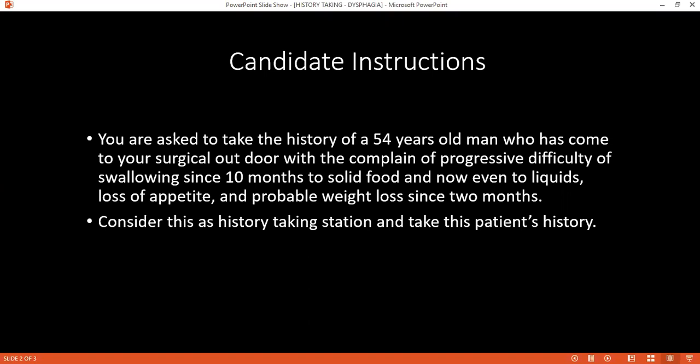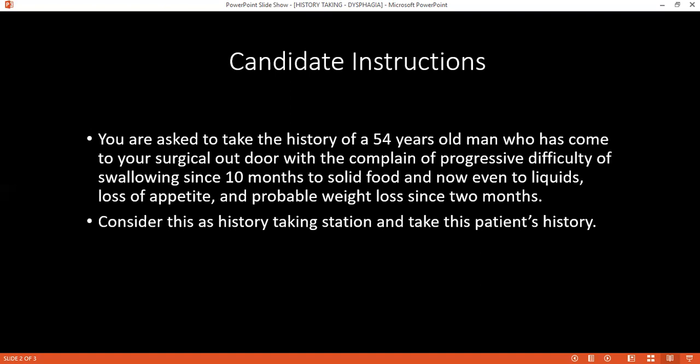Started gradually, but these days it's becoming more obvious. It's really troubling. Okay. Is it more to solids or liquids or both? I actually started with solids first, but it has now become liquids as well.